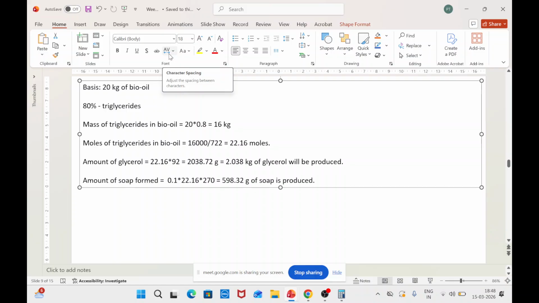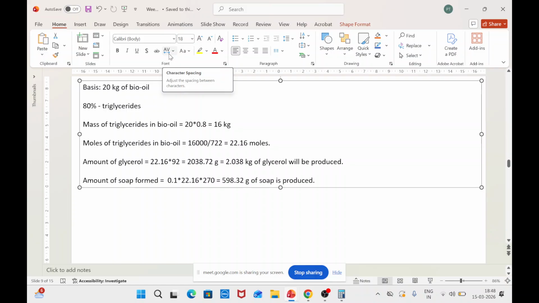Once we know the number of moles, we know that for every 1 mole of triglyceride reacting with the alcohol, we are going to get 1 mole of soap and 1 mole of glycerol. That means for 22.16 moles of triglyceride reacting, we are going to get 22.16 moles of glycerol.